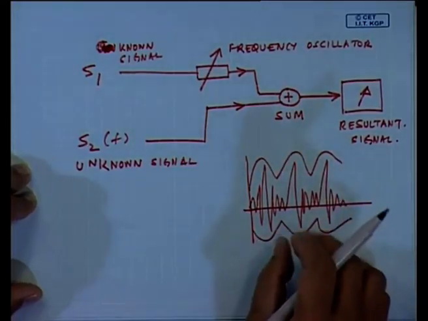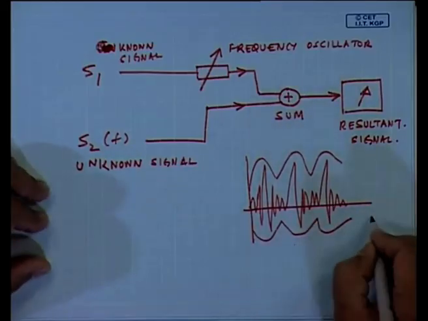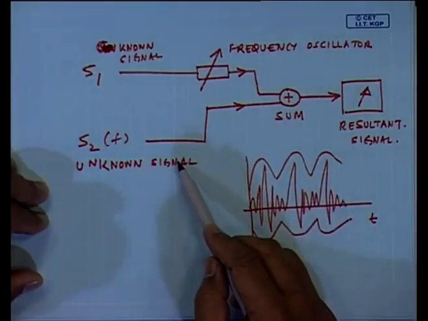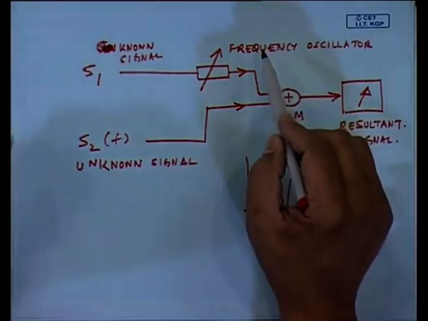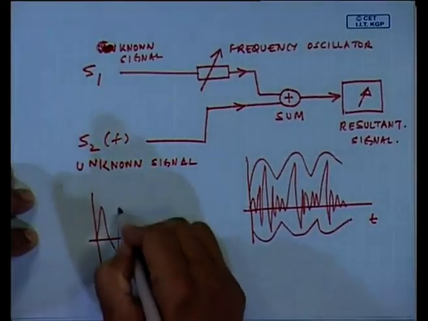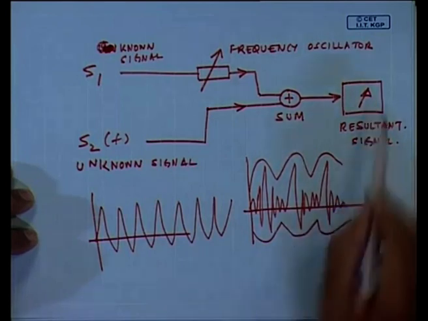Okay, the signal is going to reduce in amplitude with time. Okay. Now, once the unknown signal's frequency matches with the known signal's frequency, this is going to be a steady amplitude. Okay. So, this will be a steady thing.